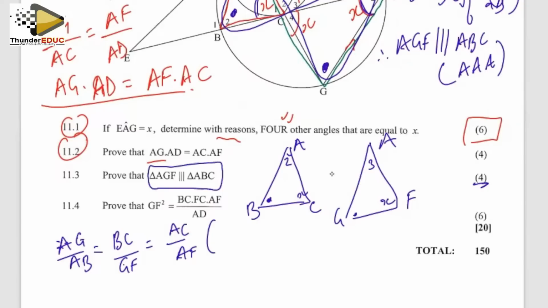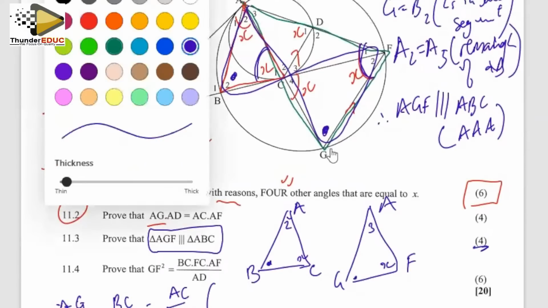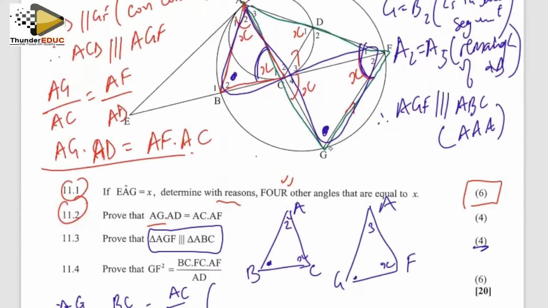But my point of interest is these two triangles. You see, triangle ABC is also similar to this one. Okay, if they are similar, why are they similar?